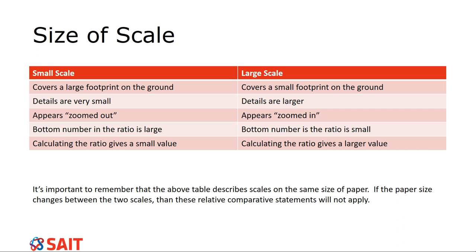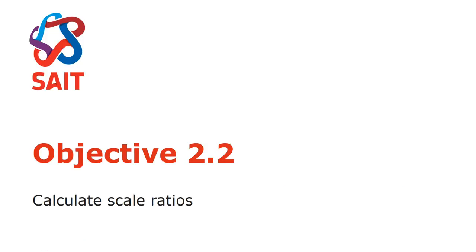I can't compare two different sizes of paper. Otherwise I can't say that on 8.5 by 11 that is definitely a small scale, and if I put it on 11 by 17, therefore it is a large scale. You can't really say that. It doesn't apply. Okay.